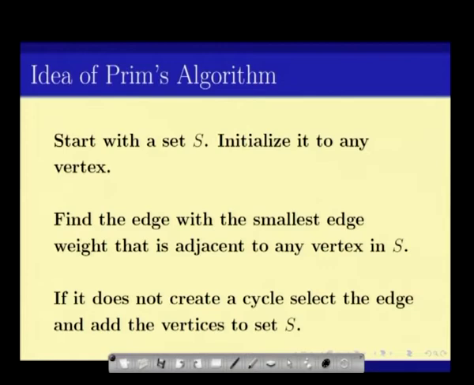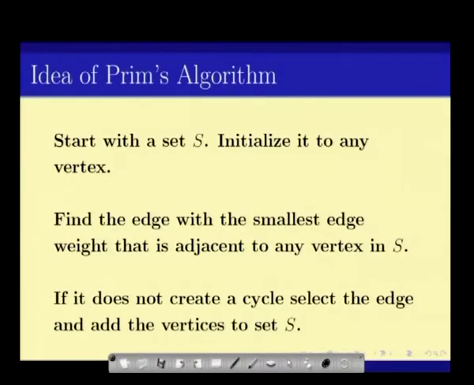Note that in the case of Kruskal's algorithm, we were not sure whether the graph is connected, because we were just picking up the minimum weight edges, and there is no guarantee as such that the graph is always connected. But here the idea is that we always try to ensure that the graph that we have selected till now is connected.